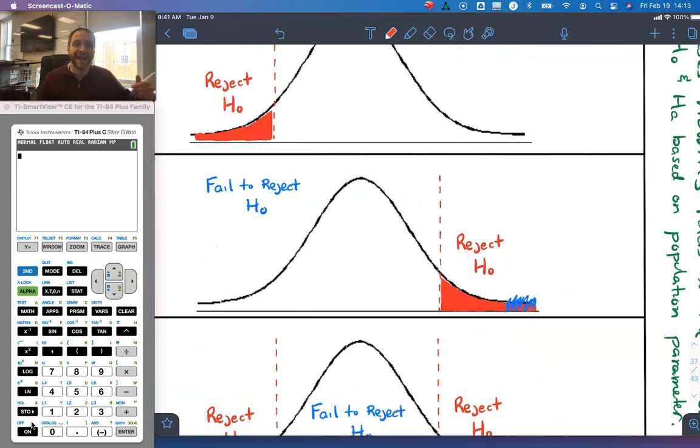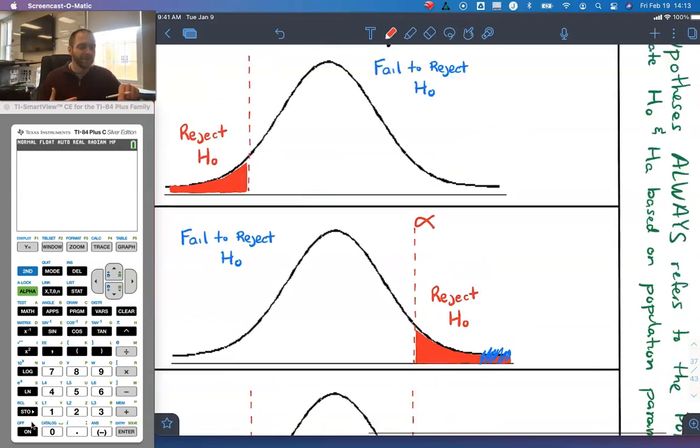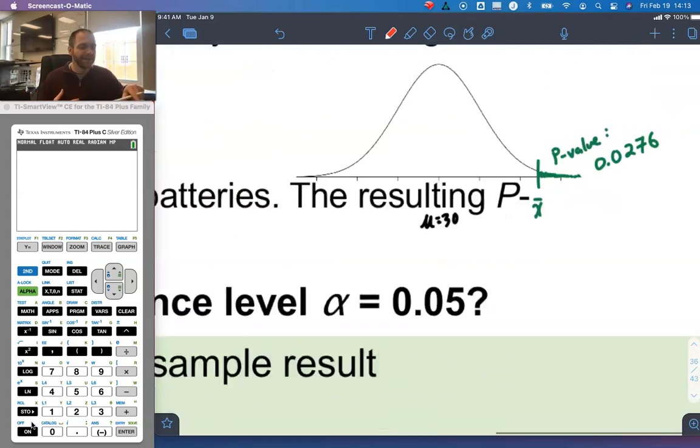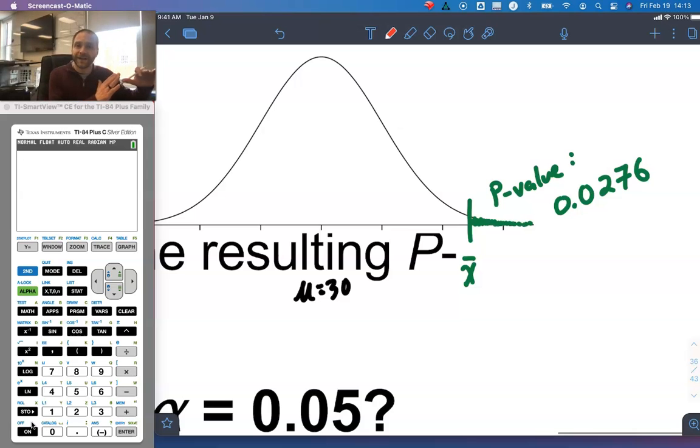So we're going to have a rejection level, a significance level, and that's going to be based off of your alpha. So if my area to the right of that x bar that I found is 0.0276, then what does that mean when it comes to your significance level? Well, my significance level is based off of alpha being 0.05.